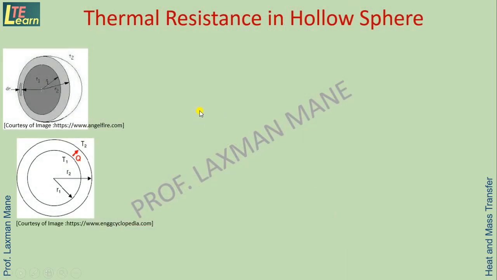Now we will see thermal resistance in hollow sphere. So here in this image we can see a sphere cut section, inner radius R1 and outer radius R2. Temperature inside T1, outside T2, heat transfer flow direction.